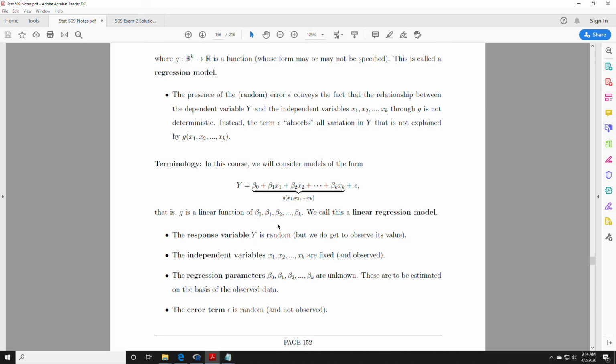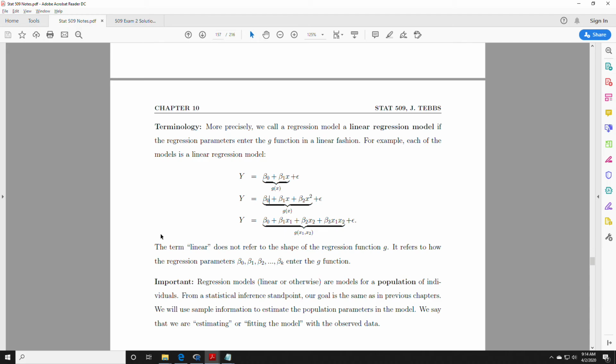Okay, a few different words for those, probably some that I didn't even mention. These betas, right? These are parameters, and they're just called regression parameters because we're talking about a regression model. And this epsilon is what's called a random error term. Okay, we'll talk a little bit more about that later.